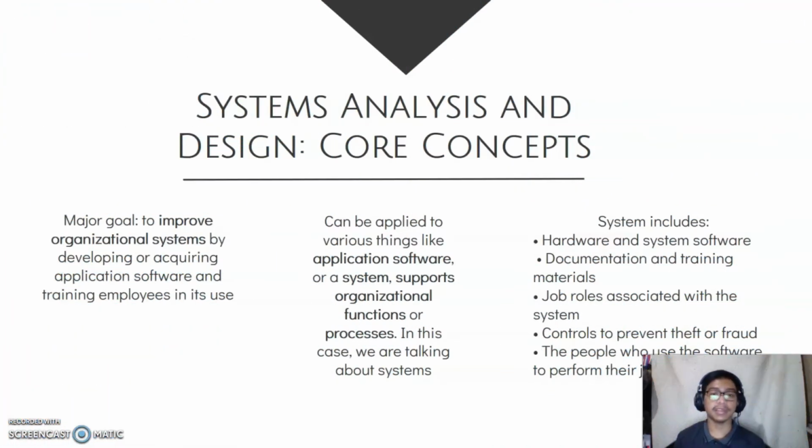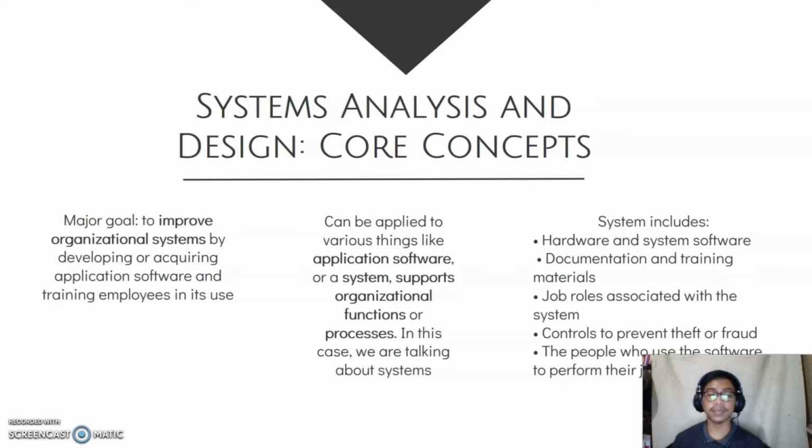The next part is the core concept of system analysis and design. In system analysis and design, the major goal is to improve organizational systems by developing or acquiring application software and training employees in its use. System analysis and design can be applied to various things like application software, system, and supporting organizational functions or processes.